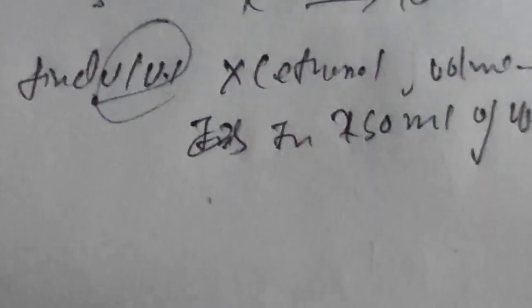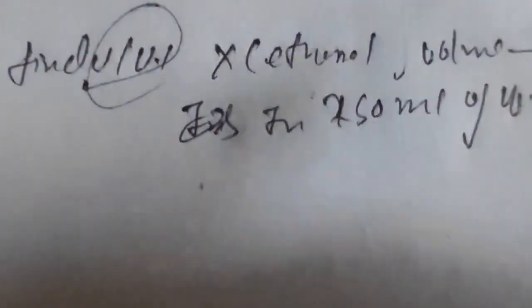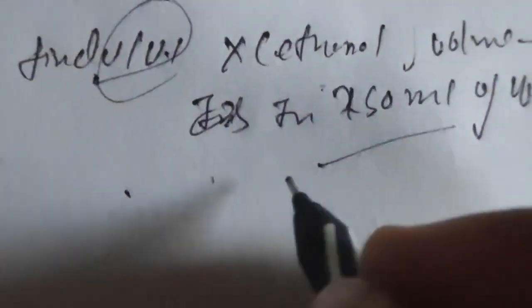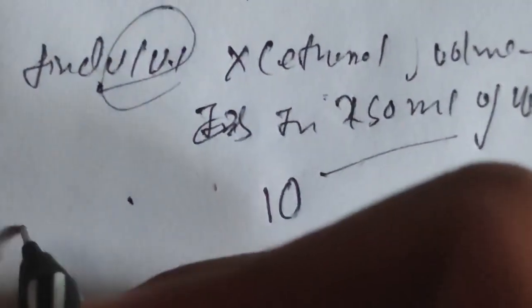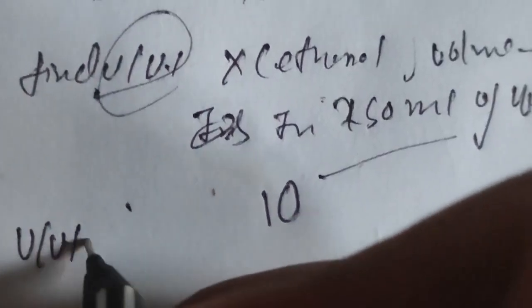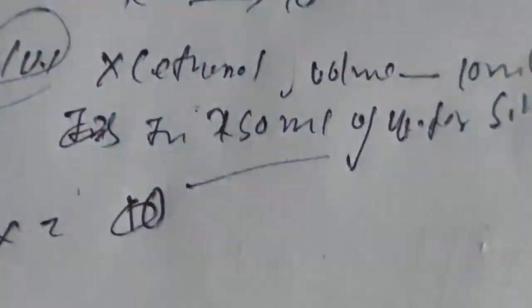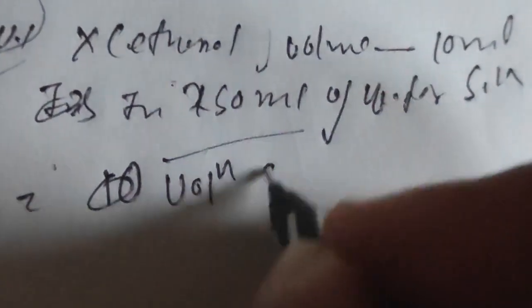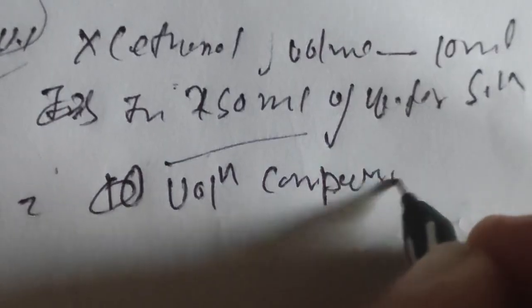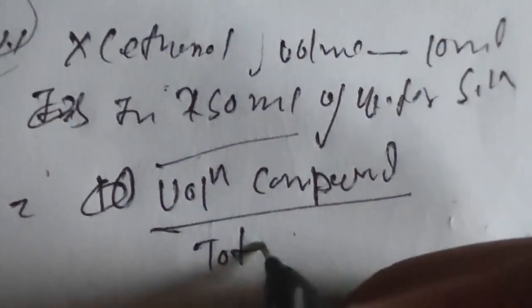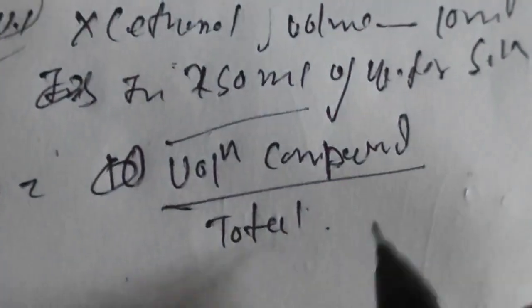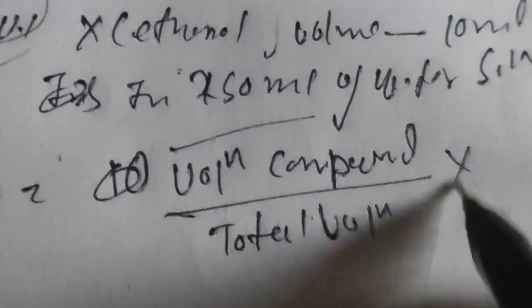We want to find the volume by volume percentage of ethanol, compound X, in 250 ml of water solution. First we write the formula: the volume by volume percentage of X equals the volume of compound upon total volume, into 100.